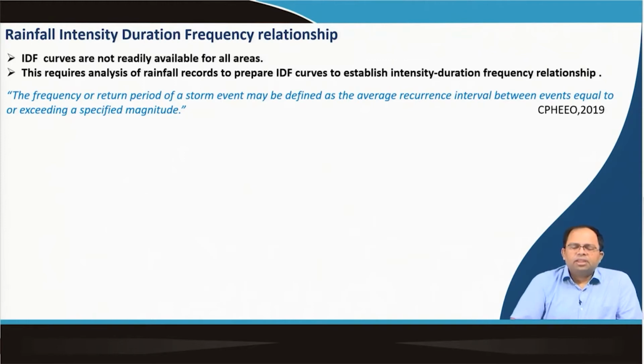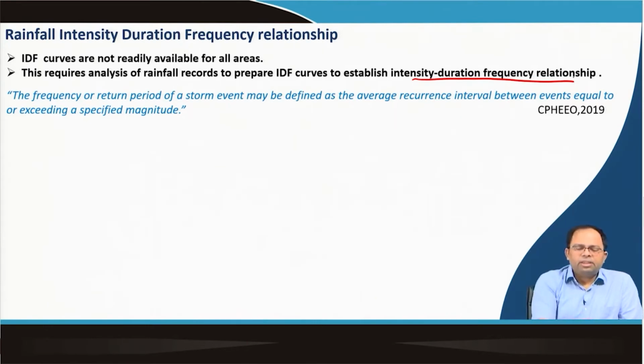Since IDF curves are not readily available for all areas, this requires analysis of rainfall records to prepare IDF curves and establish the intensity, duration, frequency relationship. So, if no IDF curves are available, then we have to prepare them.